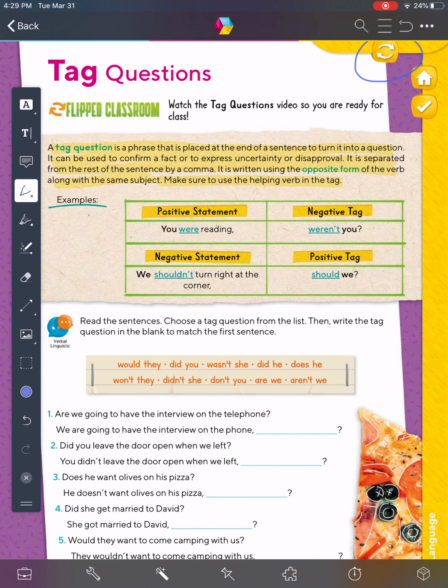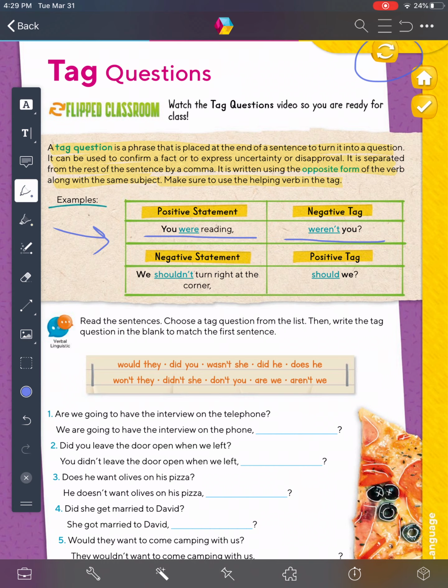So we have some examples over here. We have two options. We can be reading a positive statement or a negative statement. So let's see each of these cases. Now, in a positive statement, for example, you were reading, the negative tag will be weren't you?